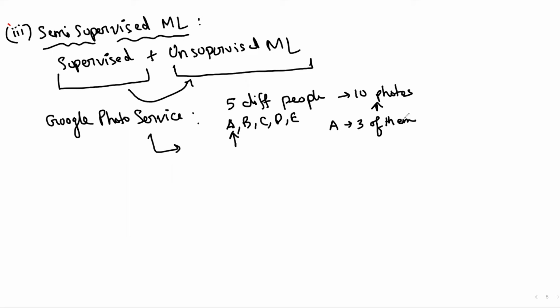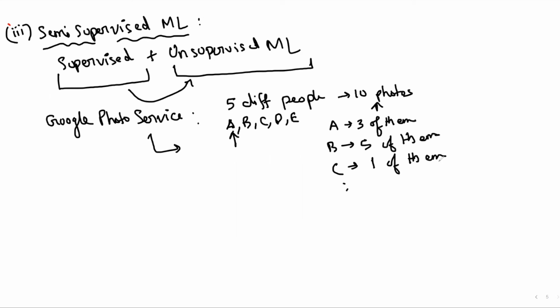A is present in 3 of them. B is present in 5 of them. C is present in 1 of them. Like that, it will be able to identify.